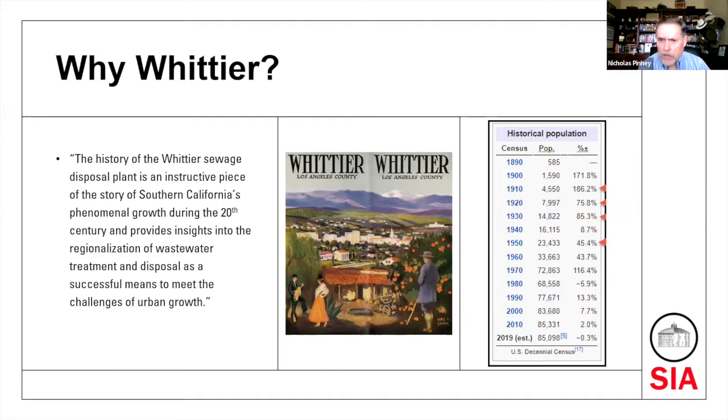As an example, I found that the Whittier sewage disposal plant was a topic of many of the California Sewage Works Association's papers and conference presentations, as it was called in those days, in a period from 1928 to 1939, and was part of a 1936 conference site tour.